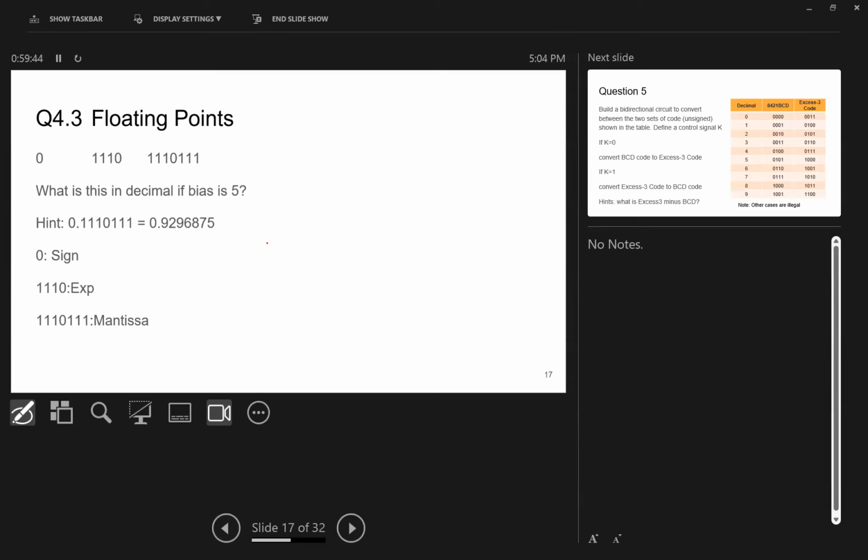The equation should be sign times 2 to the power of exponent minus bias, times mantissa, right? That's the equation. So according to this equation, we can just do the multiplications to get our results.